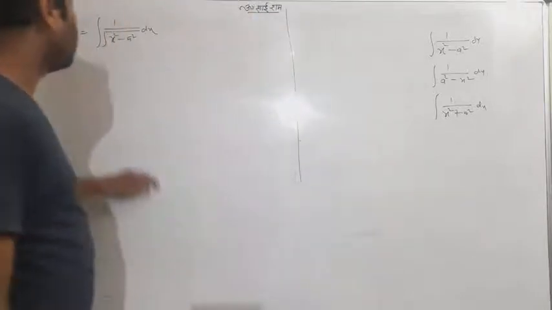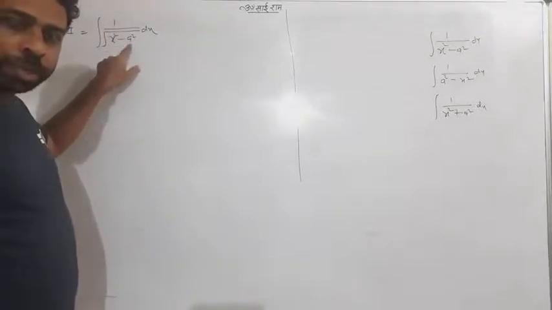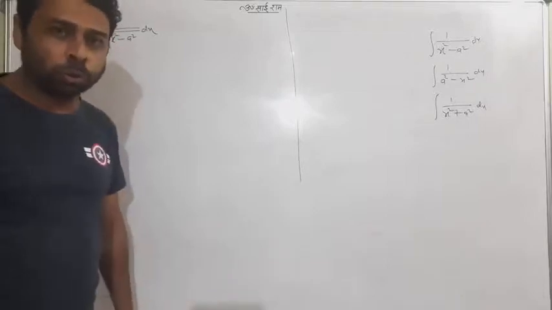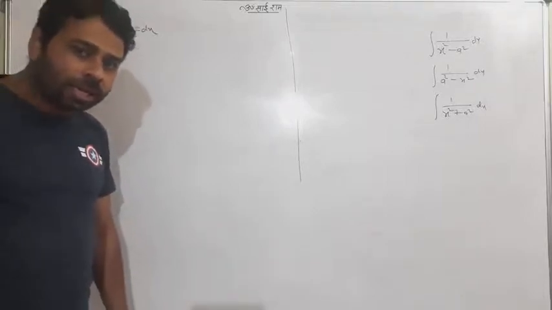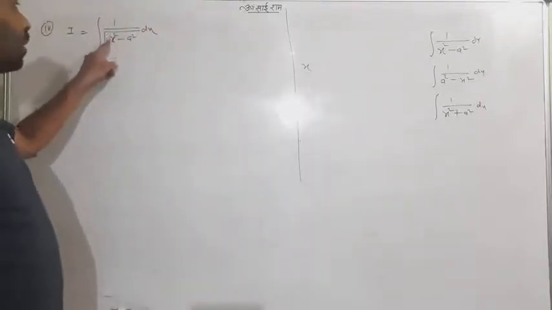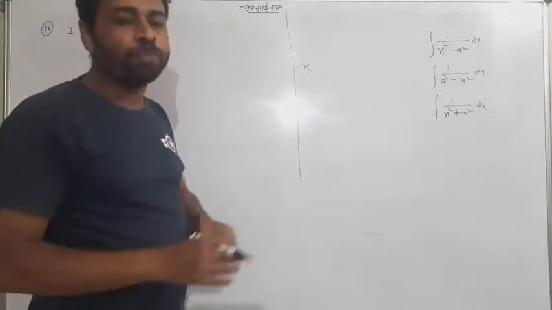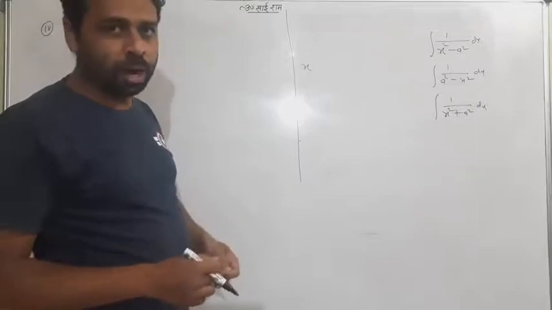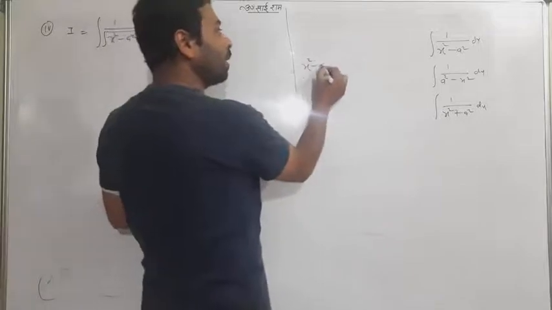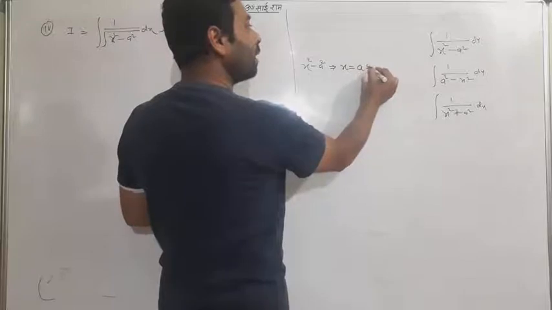Now can you see? Do you remember when x square minus a square is coming in integration? In differentiation I taught you the topic of the substitution method, and when we have something in the square root sign, we have some specific substitutions. Whenever x square minus a square is coming, you have to substitute x equals a sec theta.